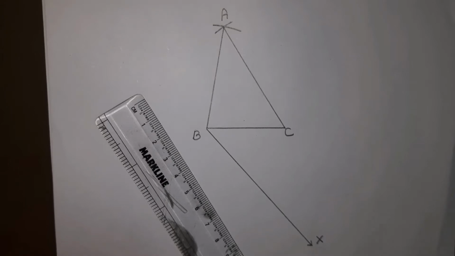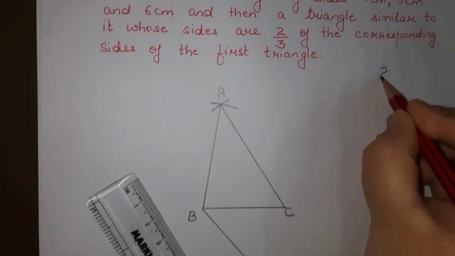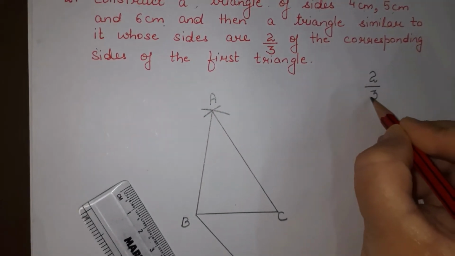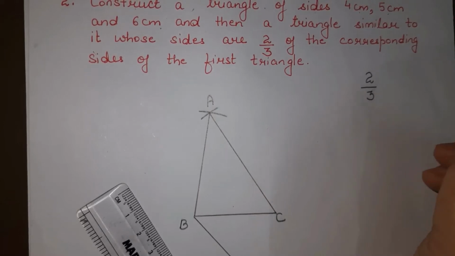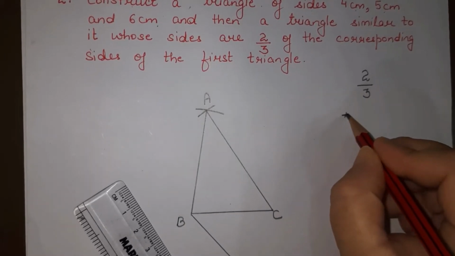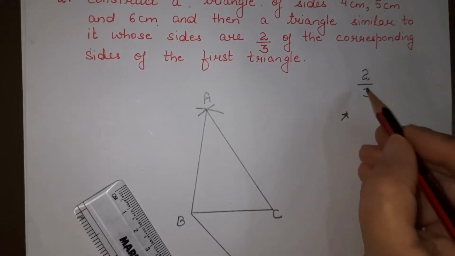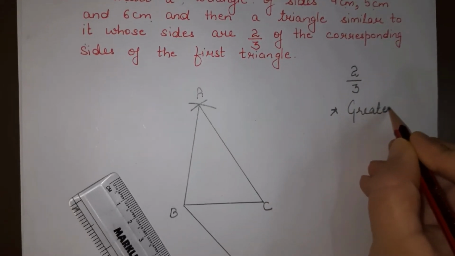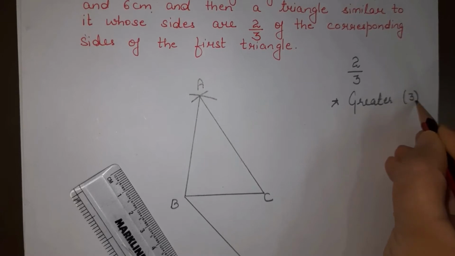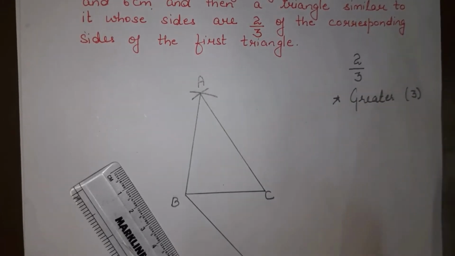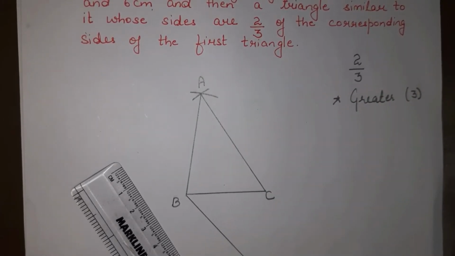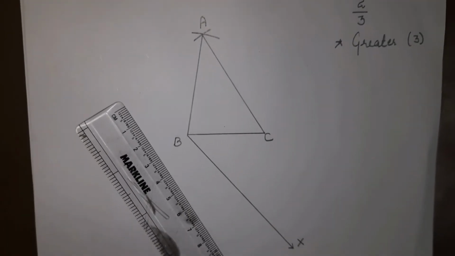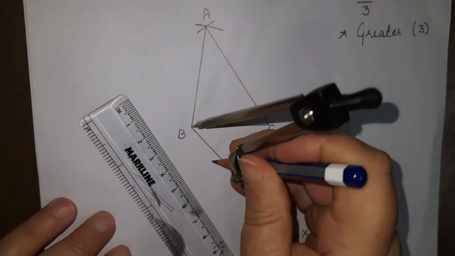Now what we have to do, see, the ratio is given to be 2 by 3. So we have to keep a few points in mind. The first point is the greater of the two numbers. Here the greater of the two numbers is 3. So keeping this 3 in mind, you have to draw 3 arcs at B at equal distance.